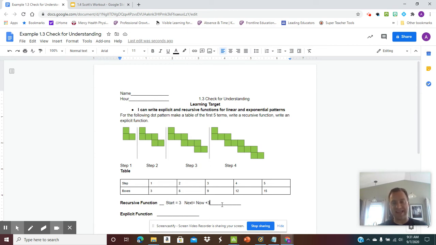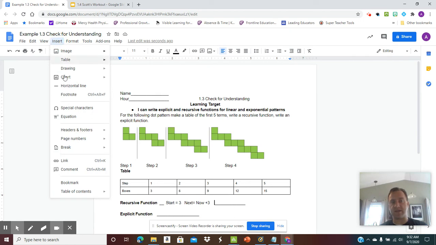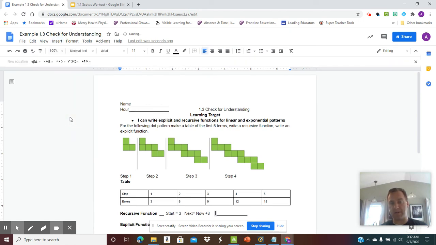So I'm going to show you how to take this idea and put that into the terminology that we need for Algebra 2 and what you'll need for moving forward into pre-calc next year. And I'm going to show you how to do that using notation and using Math Editor in Google. So if you click up here, insert, and then type in equation, we're going to insert a math equation.